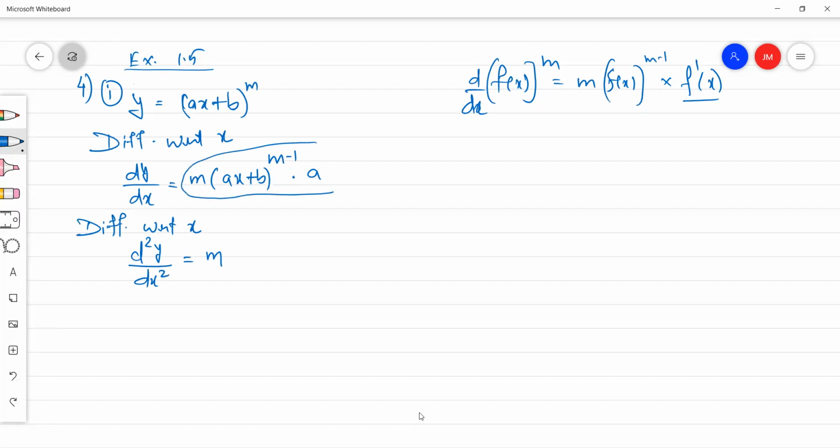Try to understand. This m and this a, they are constants, right? So I will write a first and then m, and then here I will differentiate this part.